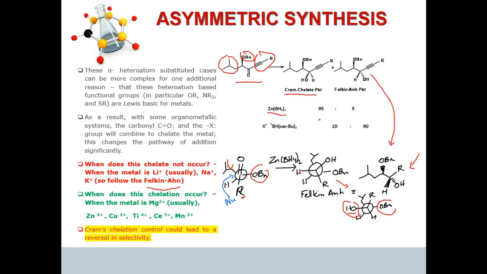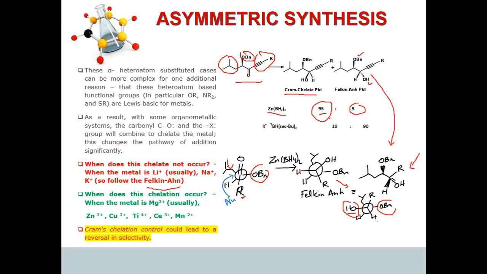Now in this case you can see, when I use zinc, I am ending up with 95% of my Cram product. I am getting only 5% of my Felkin-Anh product. So what I have drawn here is the Felkin-Anh product, which is only 5%, where my electronegative group and my OH group are anti to each other.